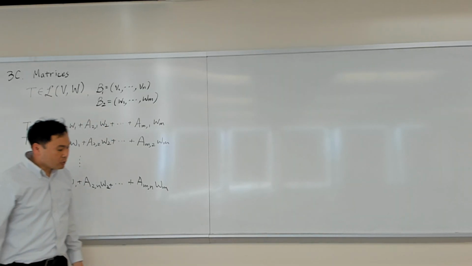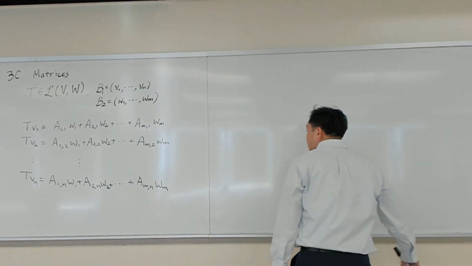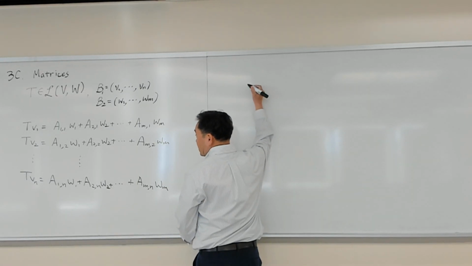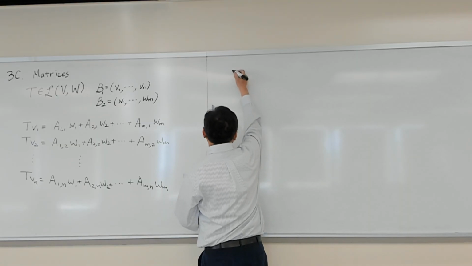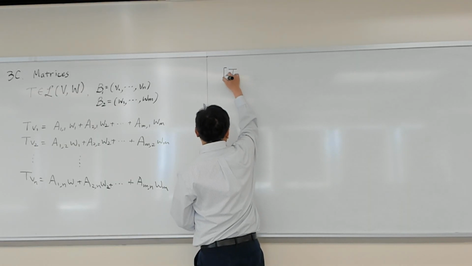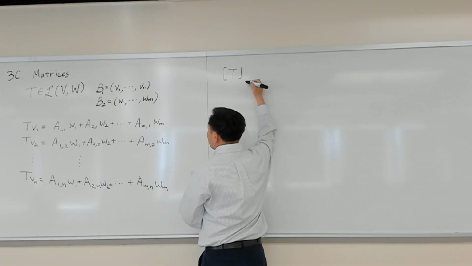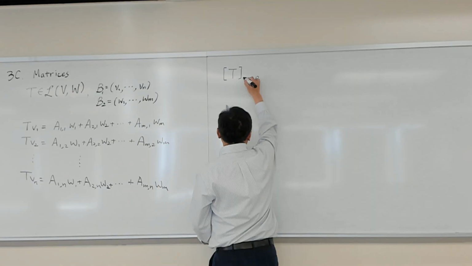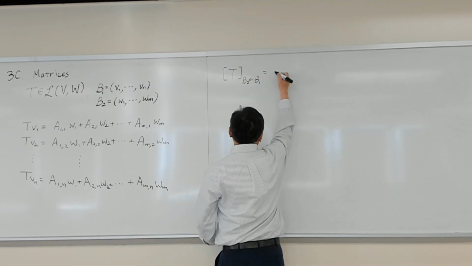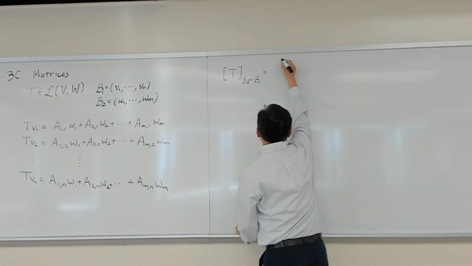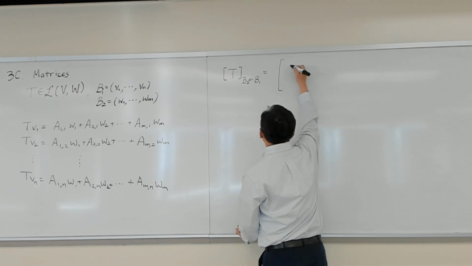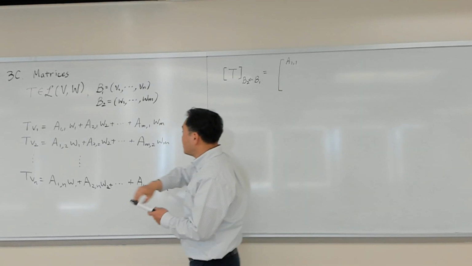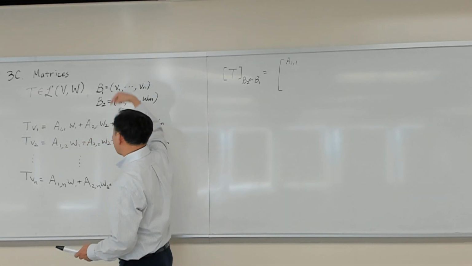In such a case, very early in the semester, I explained that you can write down the matrix of this linear map going from B1 to B2 as A11, but these now get written downwards.